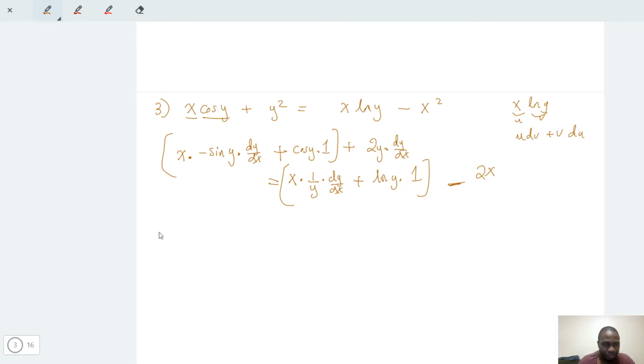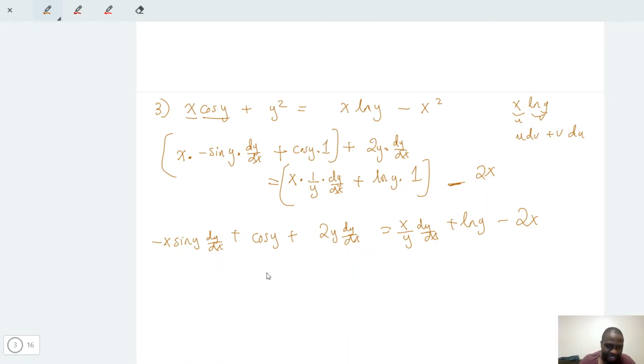So let's open everything. So on the left-hand side, you have minus x sine y dy/dx plus cosine y plus 2y dy/dx equals, on the right-hand side, you have x over y dy/dx plus ln y minus 2x. So what do I do at this stage? Just bring together all the dy/dx's to one side. Let's take everything to the left.